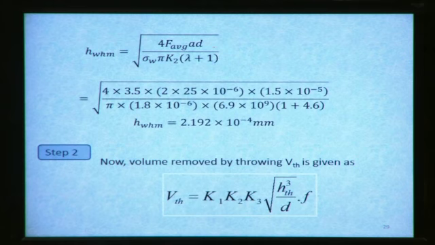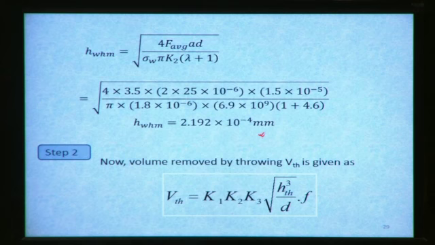So by the hammering model it is 4 A, where A is the amplitude of vibration, d is the diameter of this abrasive particle, sigma w is the hardness of this workpiece material, K2 is the constant, and lambda is the ratio of indentation by the throwing model to the hammering model. Okay. So here we know all these values. After that we can get the indentation by the hammering model here.